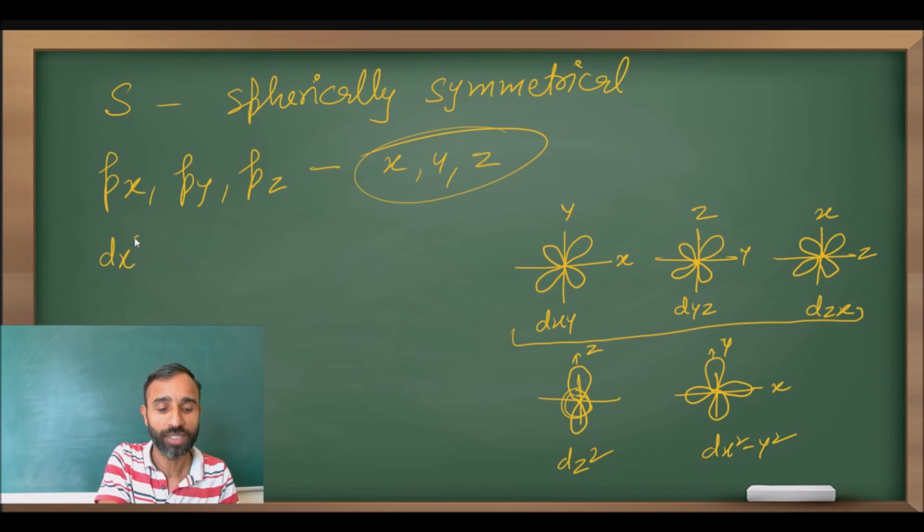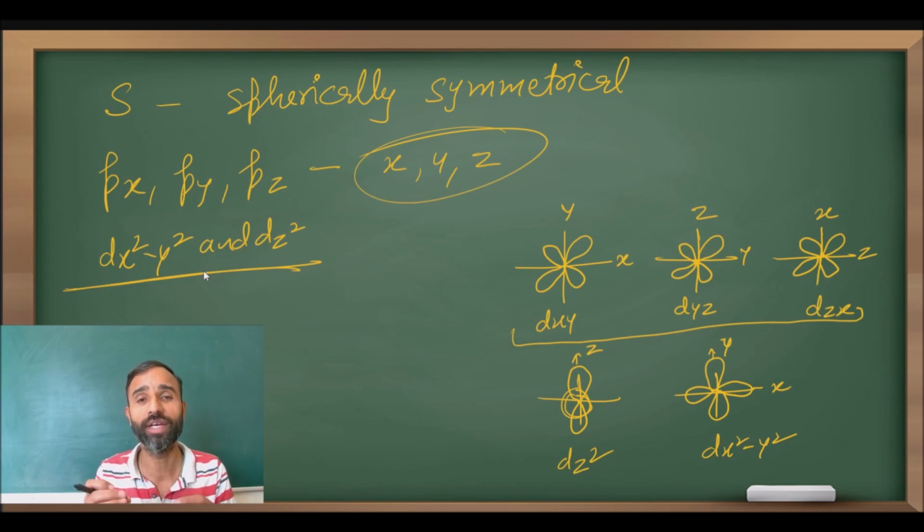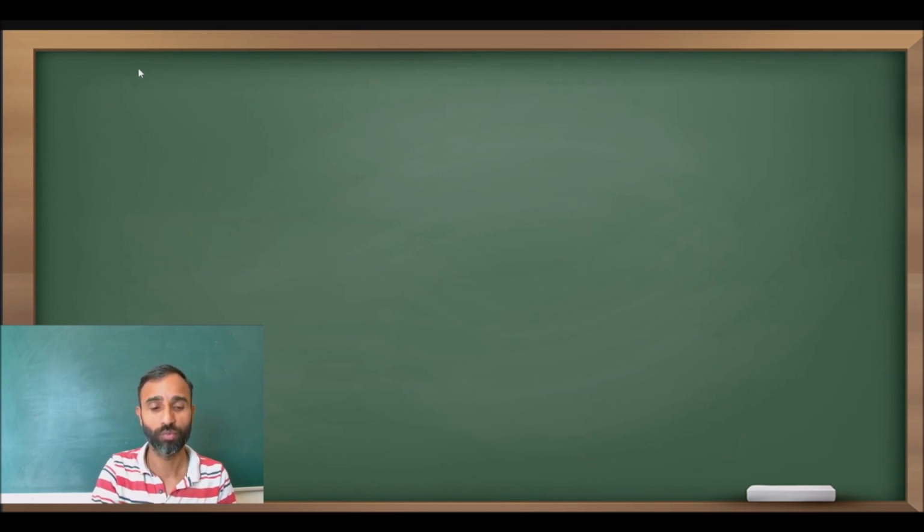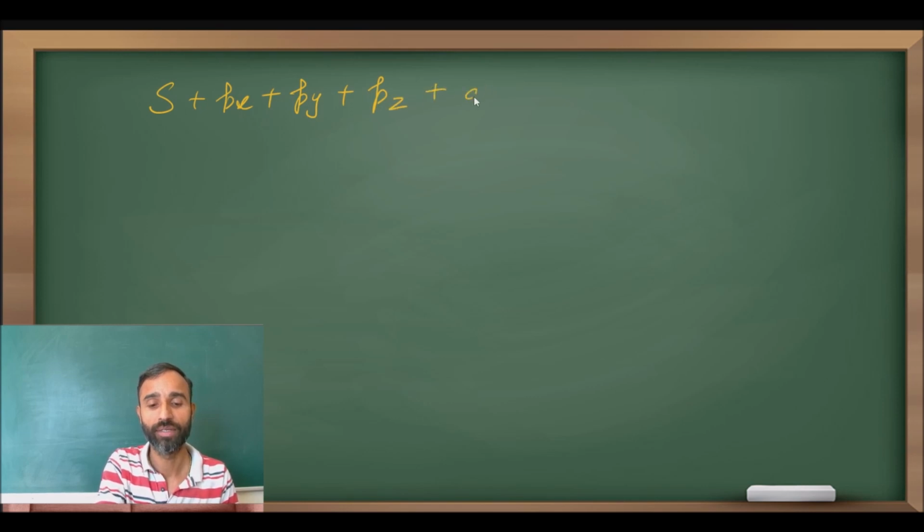It is dx square minus y square and dz square, because their lobes are lying on the axis. So now we have the s orbital, px, py, pz, dx square minus y square and dz square.